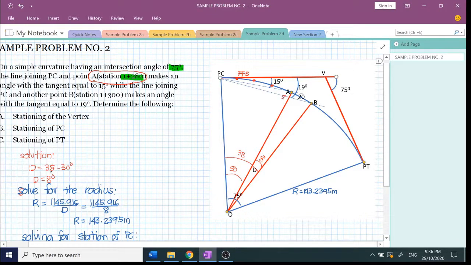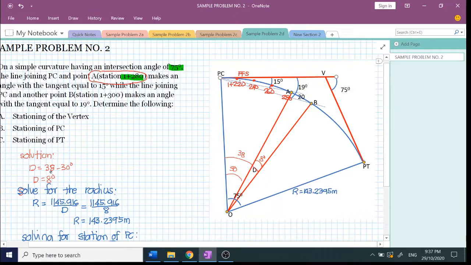Sa makatwid, itong point na ito will be at 260, ito naman ay 240, and this one will be at 220. Ibig sabihin, this station will be at 1 plus 220. That would represent our first full station.